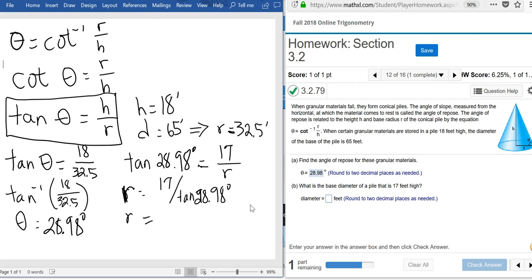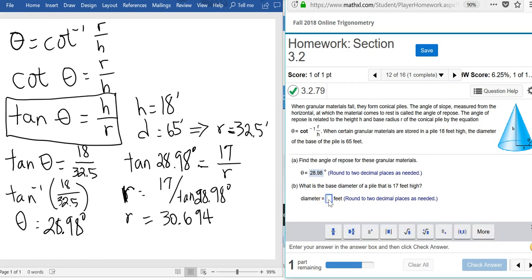And then when we get our radius, they want the diameter, so you're going to have to multiply that times 2. And so we get our diameter for this specific height would be 61.39.